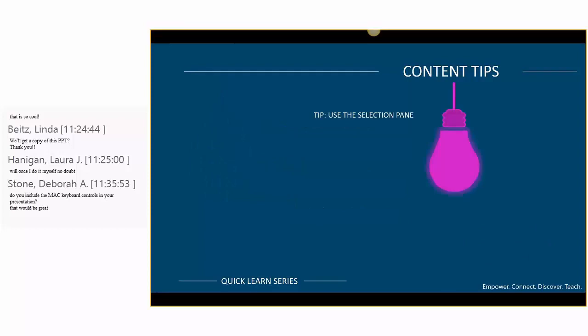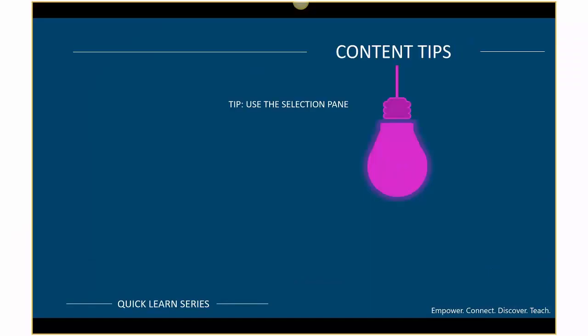Okay, the other one that can be really important as you start to add more and more information and objects and text and shapes to your slides is to use the selection pane. This can be good for a number of things. One, it allows you to see a list of all the objects that are on your slide. It allows you to reorder the objects really quickly, really easily.